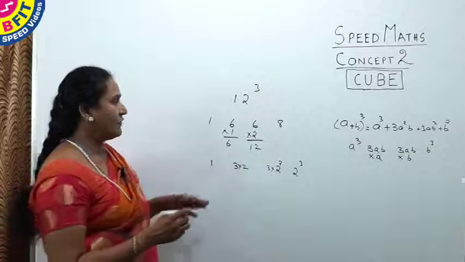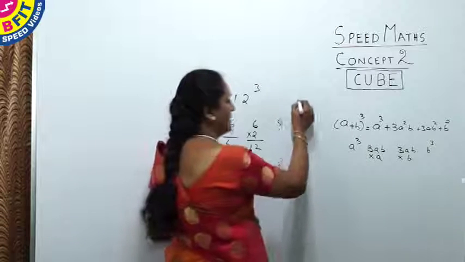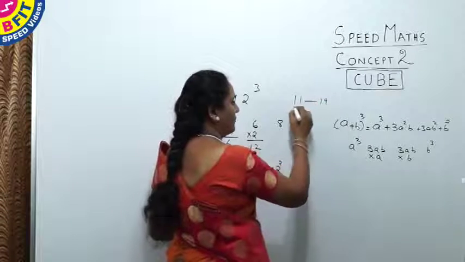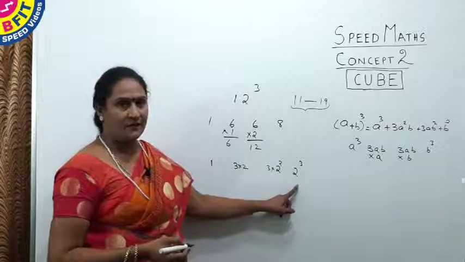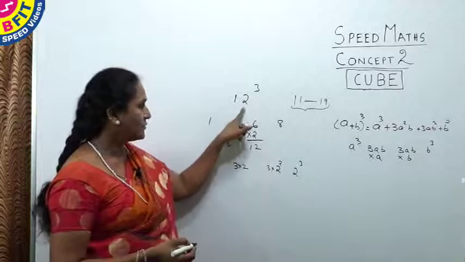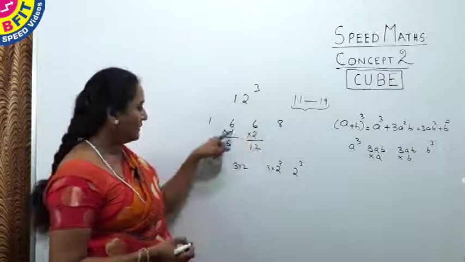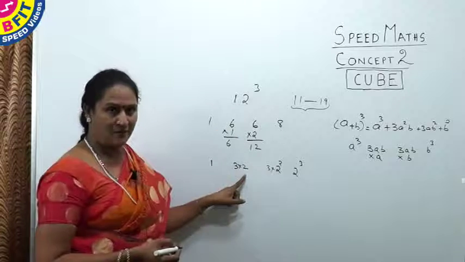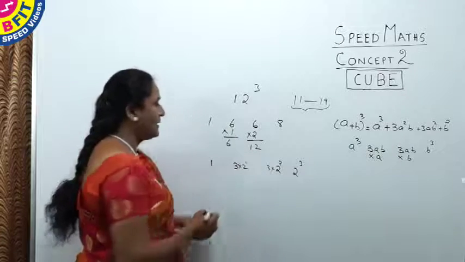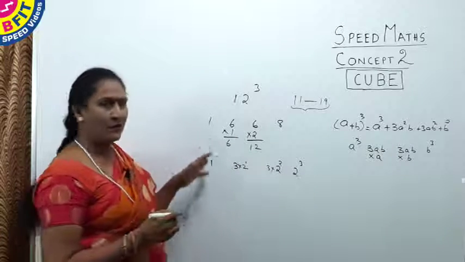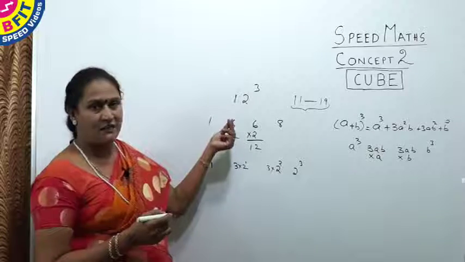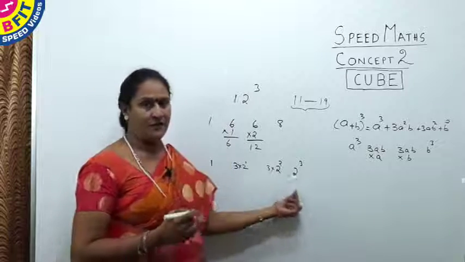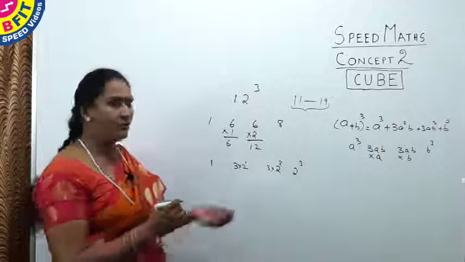Whenever we are finding cubes of numbers starting with 1, that is from 11 to 19, just cube this, then 3 times the square of this, then 3 times the number with power 1, and then write 1. That is 1 cube, as 1 cube is 1, we write this 1. Whenever it starts with 1, you can use this pattern, which will be still easier to find the cubes.